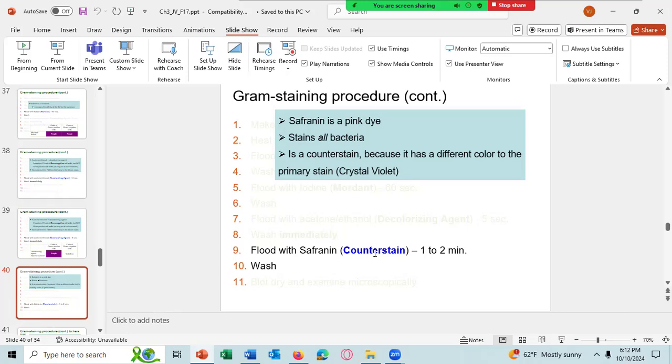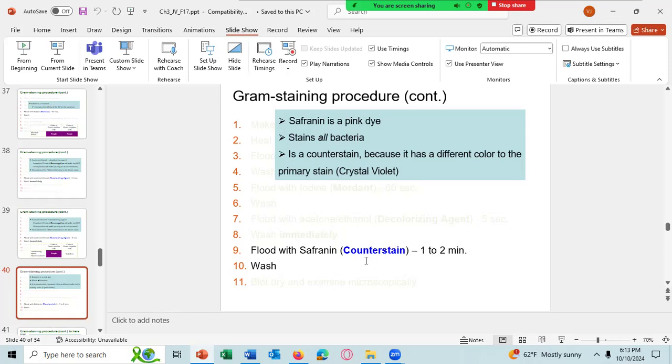I used to work at PCC, Portland Community College, where the people who made the safranin, occasionally they would make the safranin too weak, and 1 minute would not be good enough time to apply the safranin. You had to do it for 2 minutes. But the point is that if it's made correctly, which at Clark College it always has been, 1 minute will be good enough.